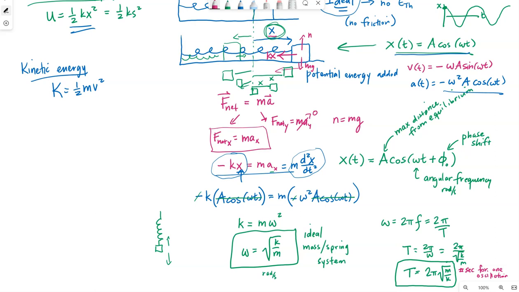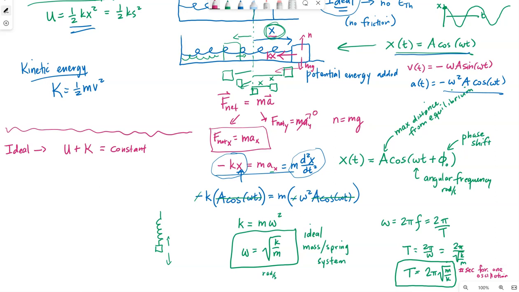One other thing to keep in mind in this ideal situation, if there's no thermal energy created, then the total mechanical energy must be conserved. Meaning any potential energy and kinetic energy in the system at any one moment in time is the same as that amount of energy at a later moment in time.